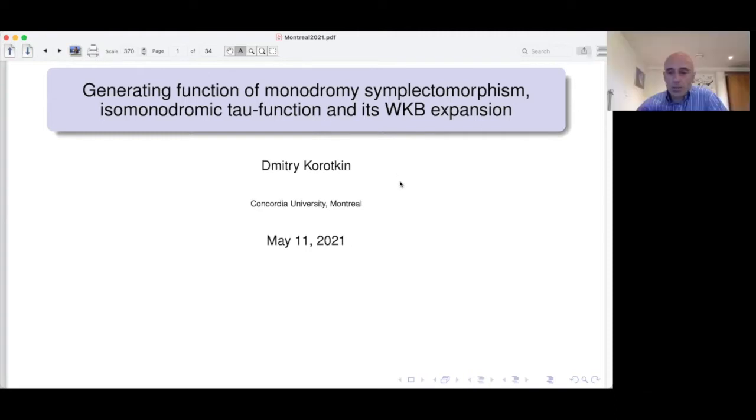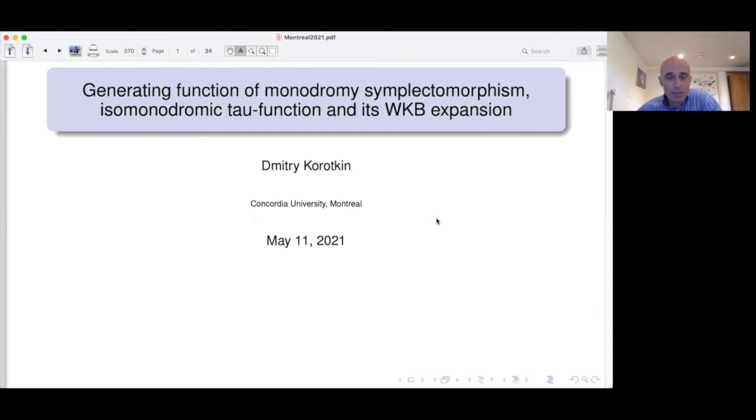Our original motivation was to look at the isomonodromic tau function and to understand how to define properly its dependence on monodromy variables, because of course the Jimbo-Miwa equations tell us how the tau function depends on isomonodromic times, but how it depends on monodromy variables is a big question mark.